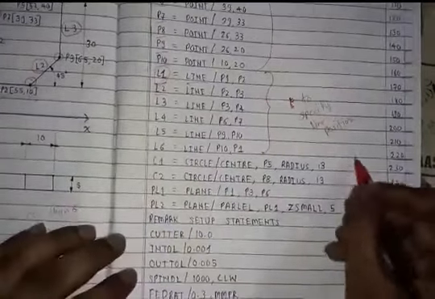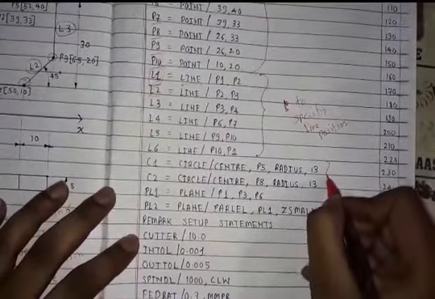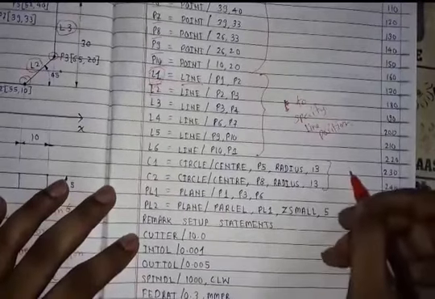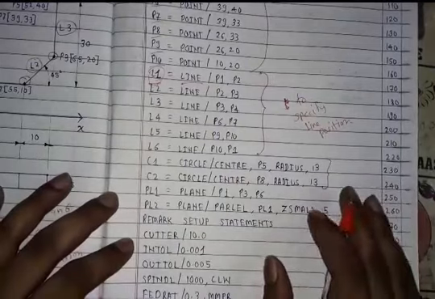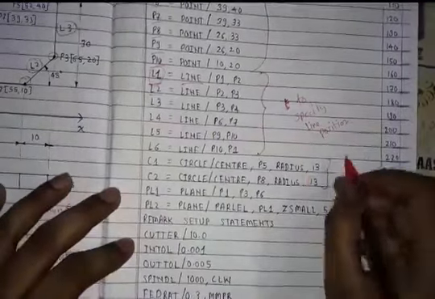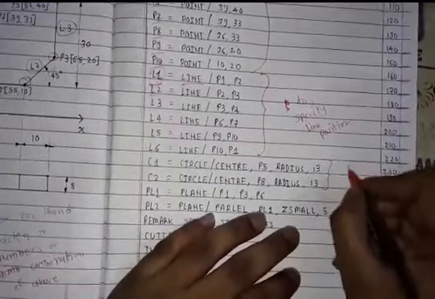Next, we need to specify the circles or arcs which are there in the geometry. It specifies the circle position.